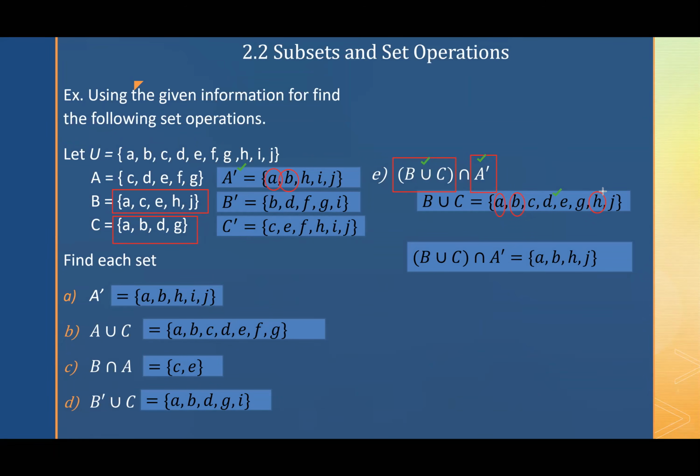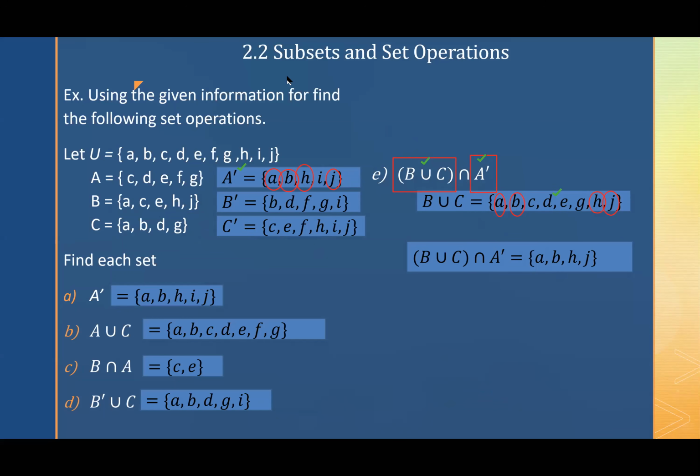And they share J. Do you agree that these four items, A, B, H and J, are in both A prime and in B or C, right? So this is basically the items that are in both B or C and outside of A.